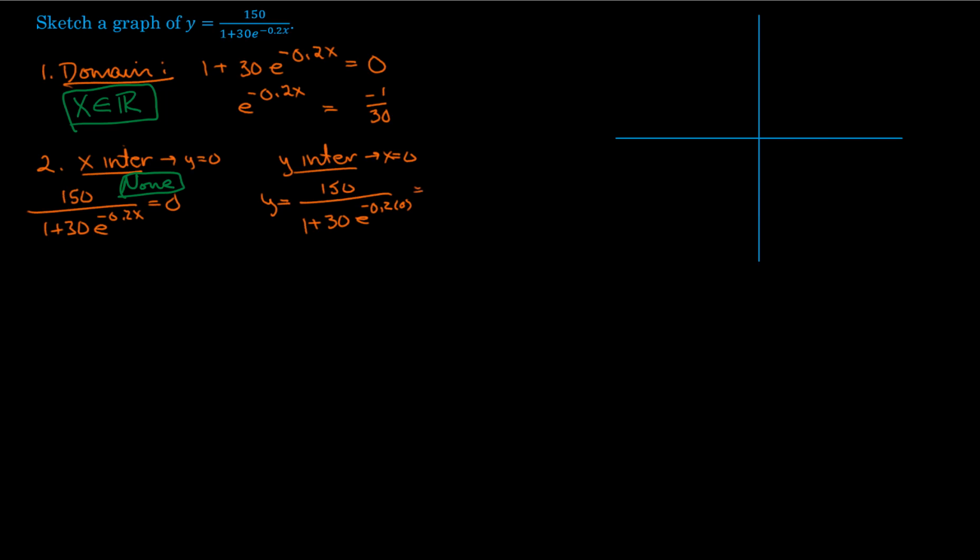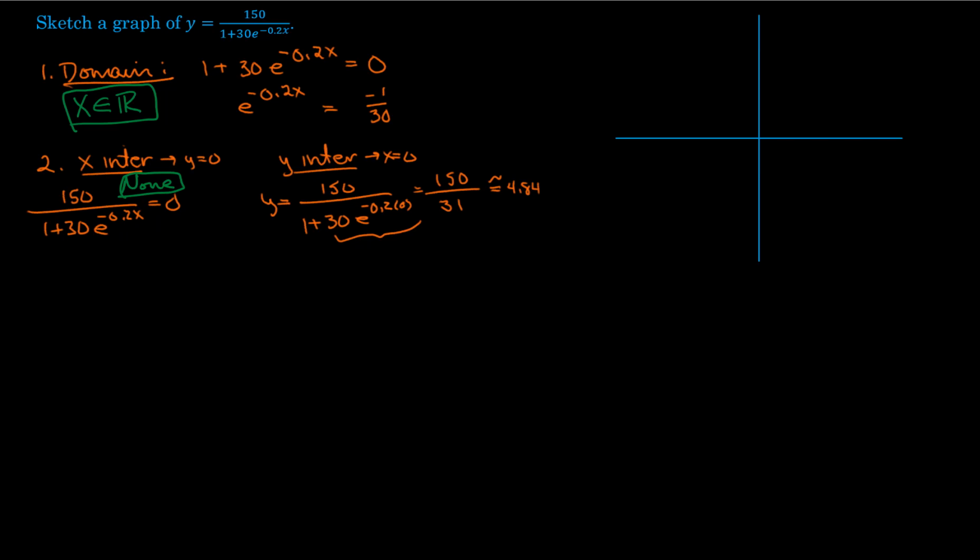This is going to give us 150 over 30 times e to the 0 power, which is 1. So we're going to have 30 times 1 is 30. Then we add the 1, 31. This is going to intersect the y-axis at 150 over 31, which, if you flip that into a decimal, gives us about 4.84, just to give us some idea of about where we are.